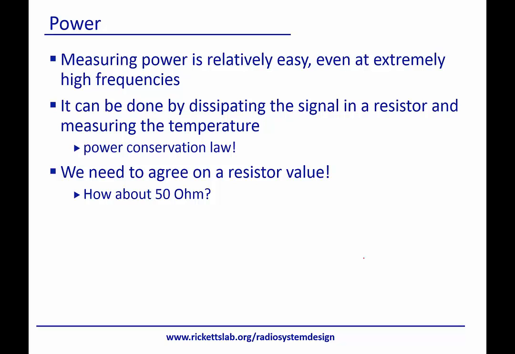The only thing we need to know along with the temperature change is the value of the resistor. And for convenience, we choose 50 ohms. For power, we could choose any resistance, but 50 is a number we choose because it's a useful impedance in the RF world.